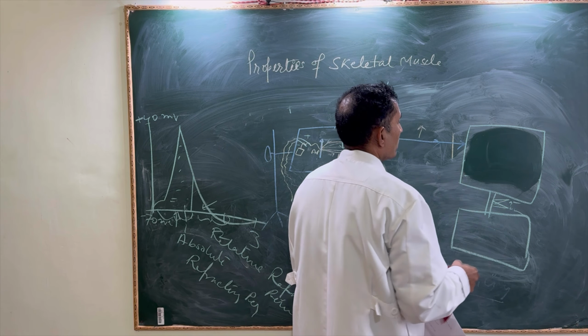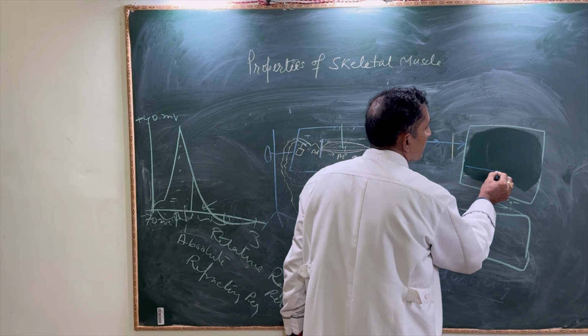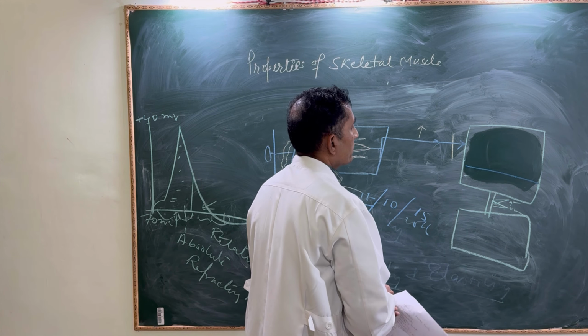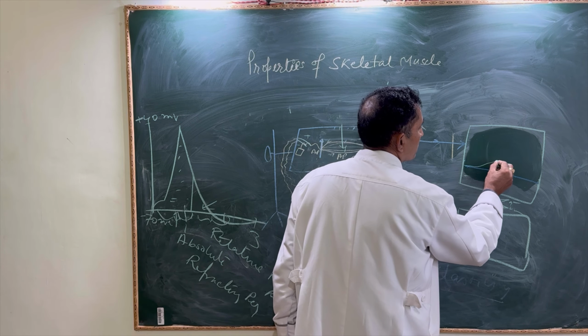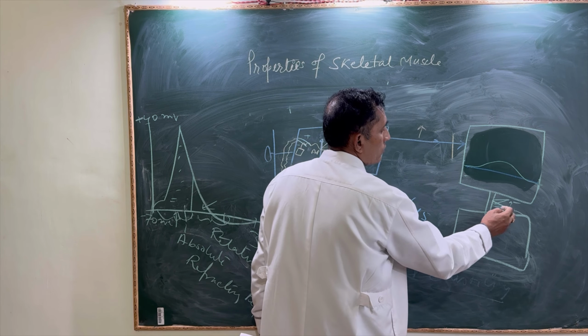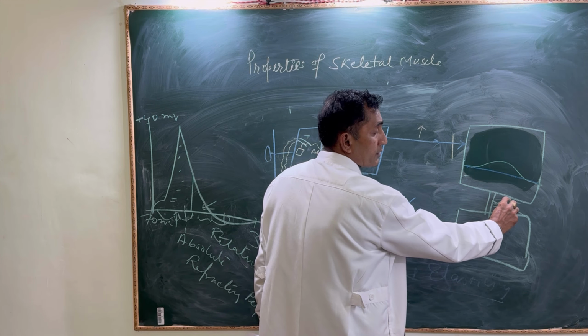What I am saying is, suppose this is the simple muscle twitch without opening this. Now after opening this, we may record a similar one, of similar height. There is no change in the height.